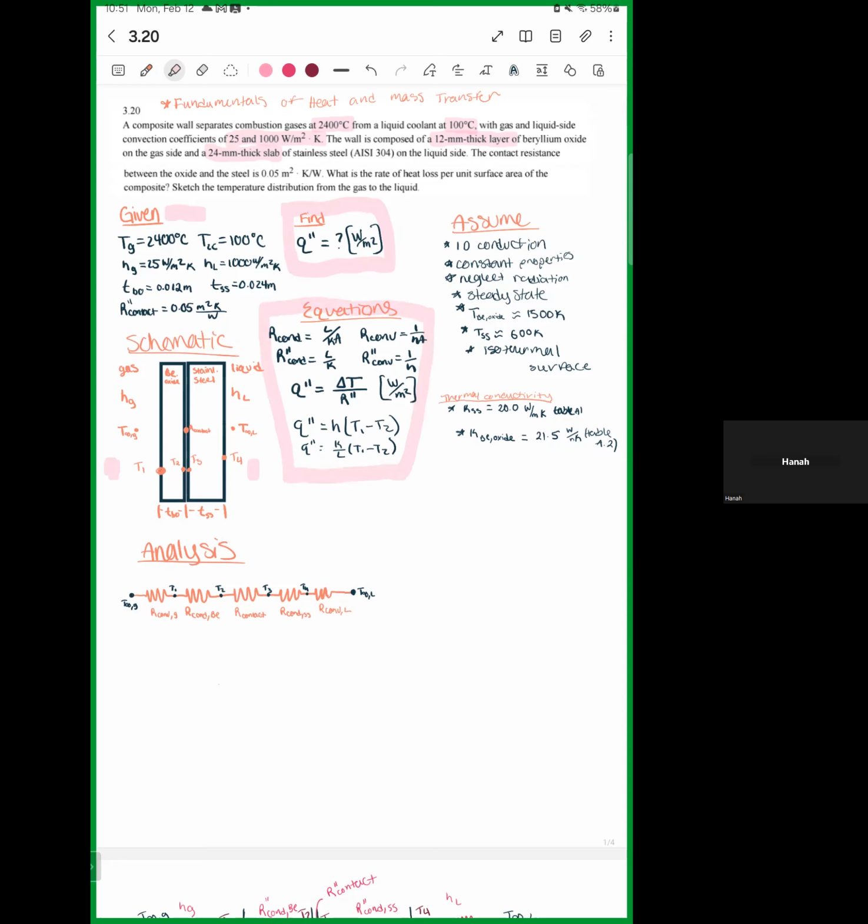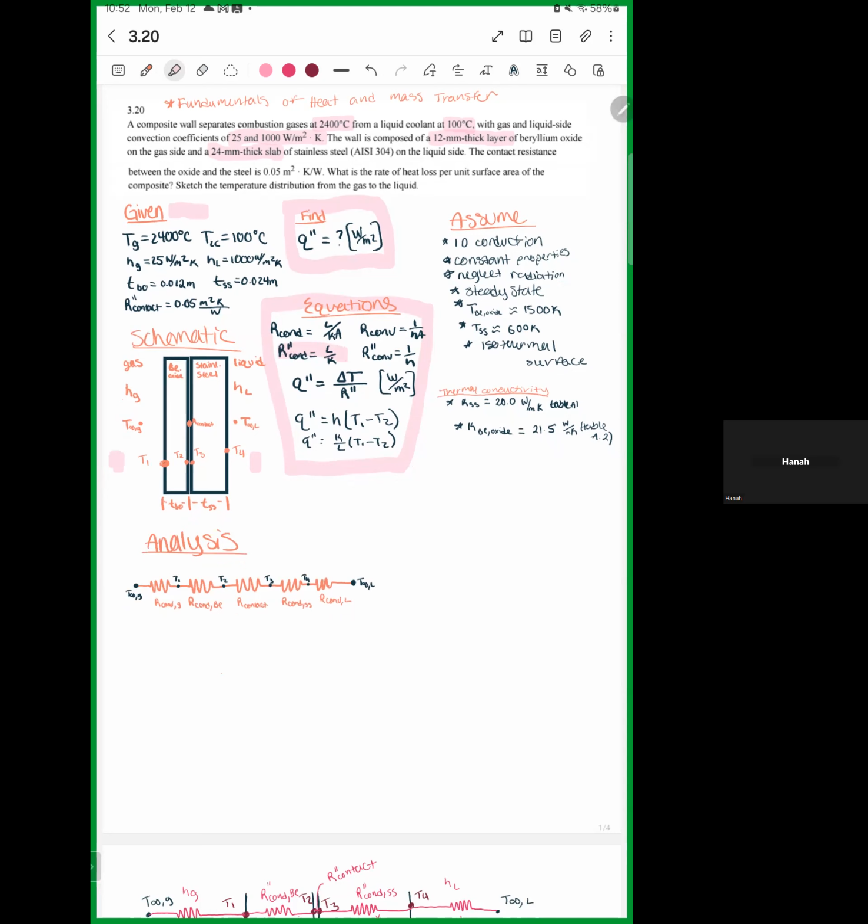As you can see, the resistance for conduction is the length over the thermal conductivity times the area. But because we're looking for the heat loss per unit surface area, we're going to be using R double prime instead of R. So it'll just be the length over the thermal conductivity.